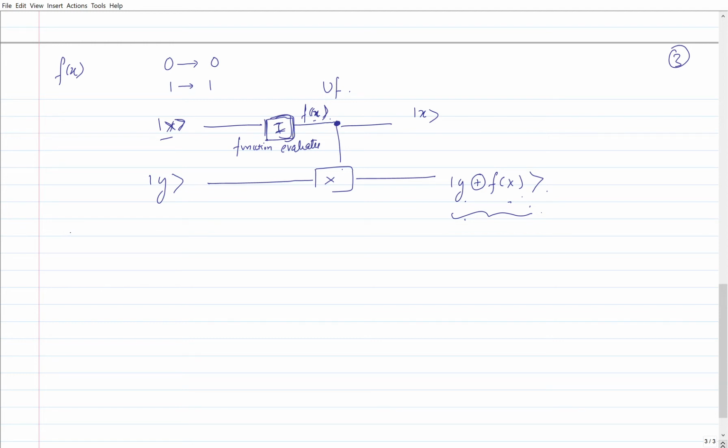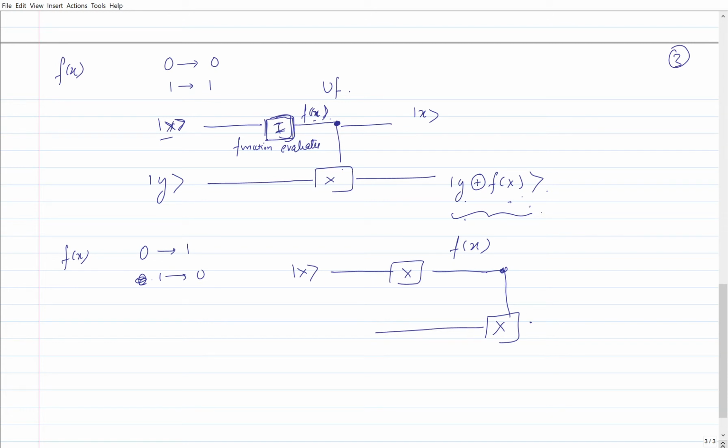Another example can be if f of x is this. It's a balanced function, but it just flips. How do I do it as a circuit? I have an x, I put a control NOT gate, now it is evaluating f of x. And I have a control NOT gate similarly, I have a y, this gives me y plus f of x, binary addition. And again I flip it x to recover x back.